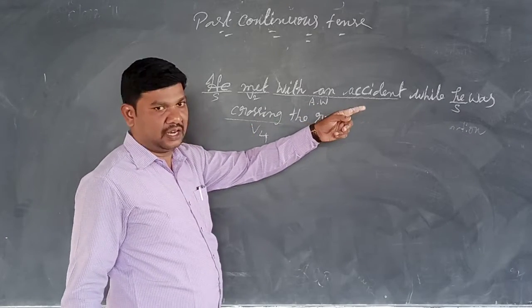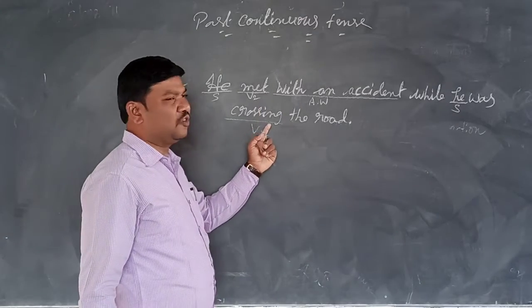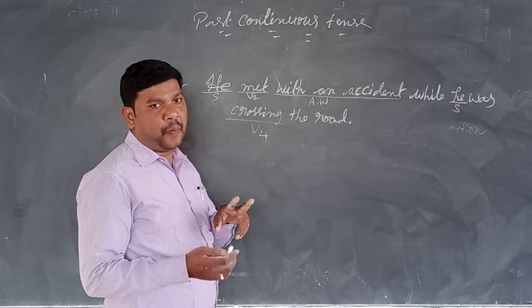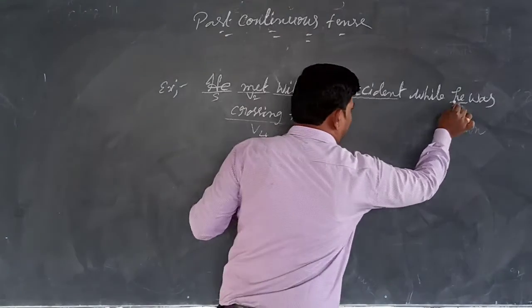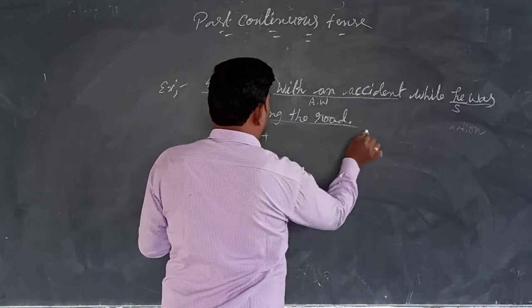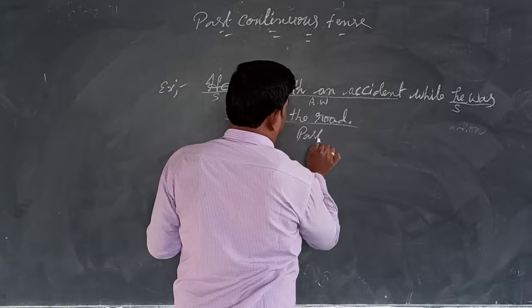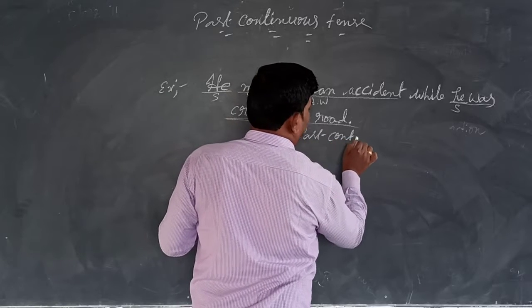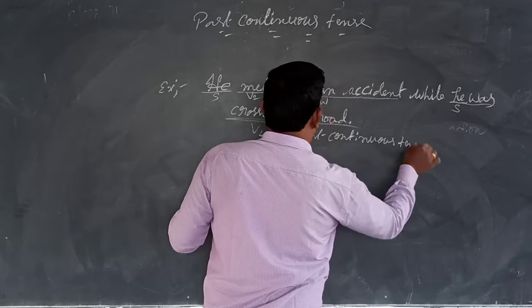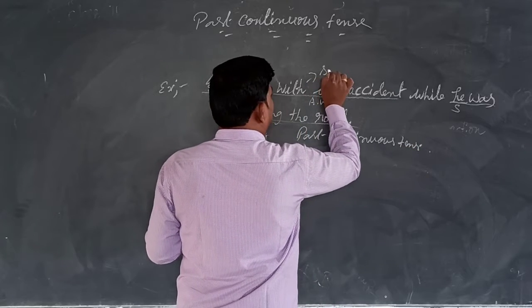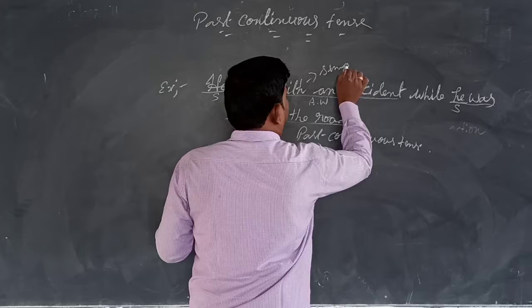Why? Because the singular subject, he was crossing V4. So past continuous is also here. This part is past continuous tense, and this is simple past.